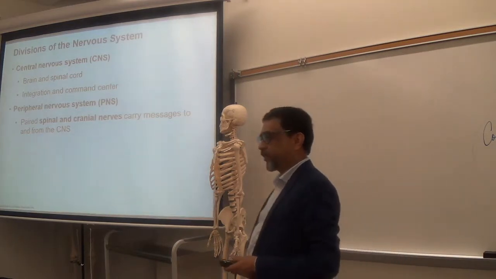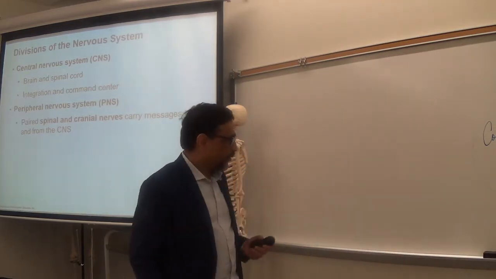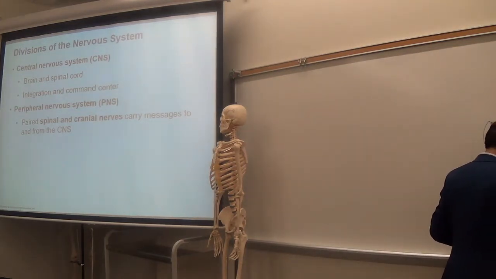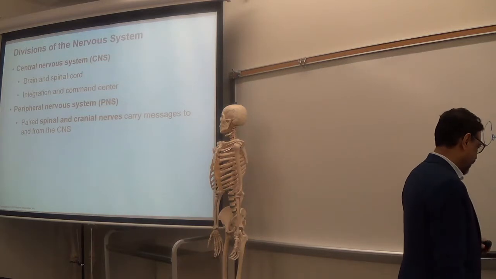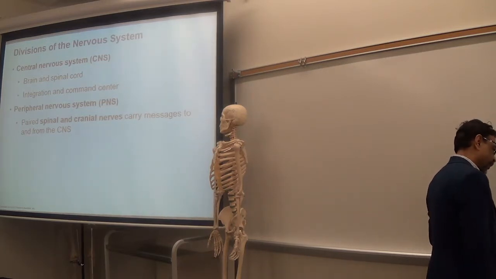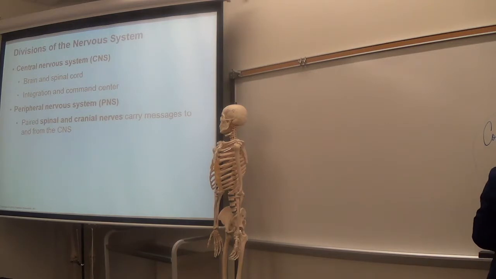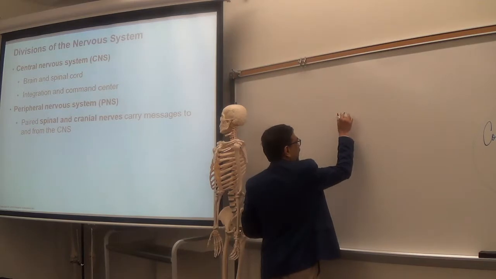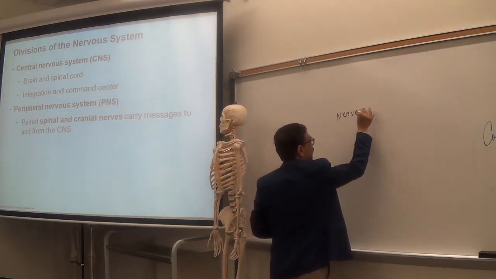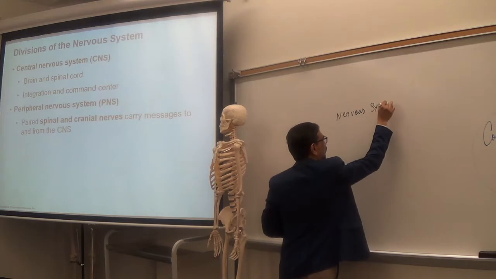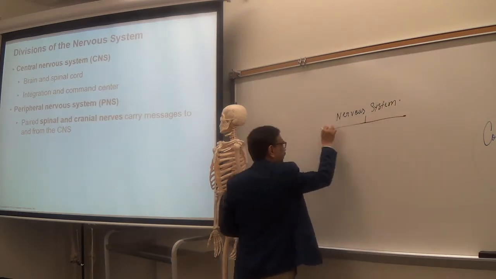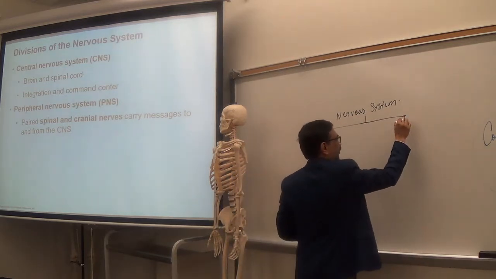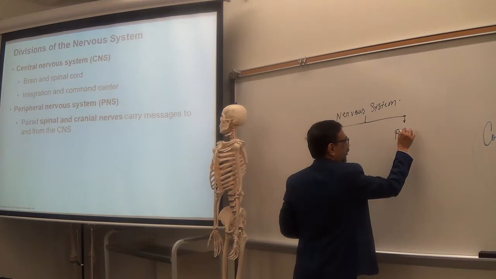Divisions of the nervous system. First, we divide the nervous system into two parts: central nervous system, or CNS, and peripheral nervous system, or PNS. So the nervous system is divided into central nervous system and peripheral nervous system.